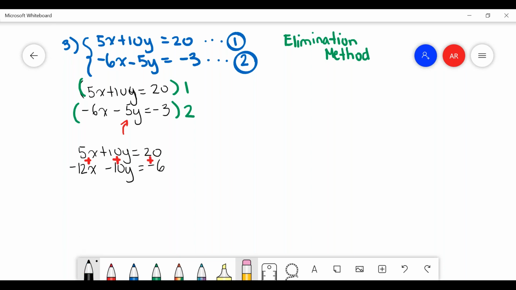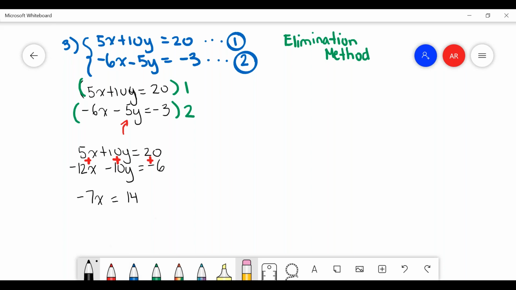Adding it, we will get 5 plus negative 5x plus negative 12x, which is negative 7x. We have 10y plus negative 10y, which is just 0. The y's just cancel out. And then we have 20 plus negative 6, or in other words, 20 minus negative 6. And that will give us 14.